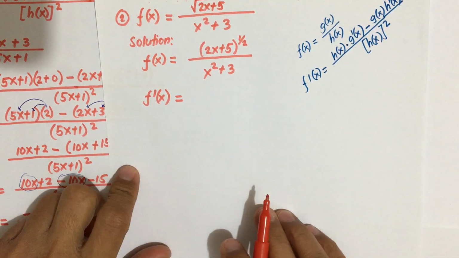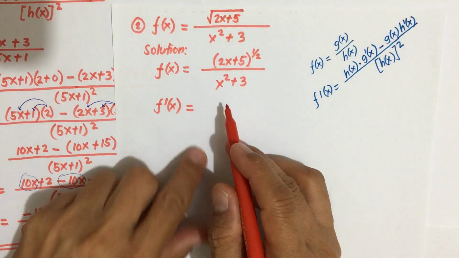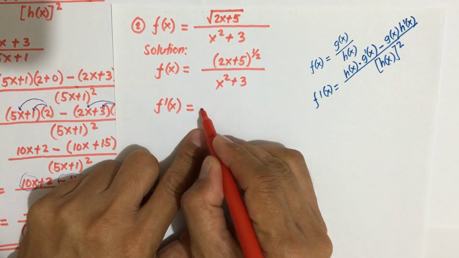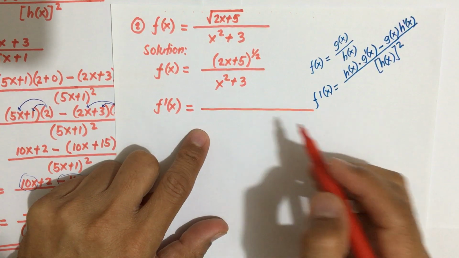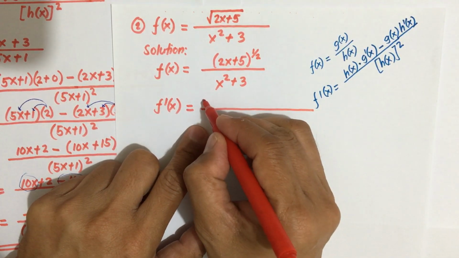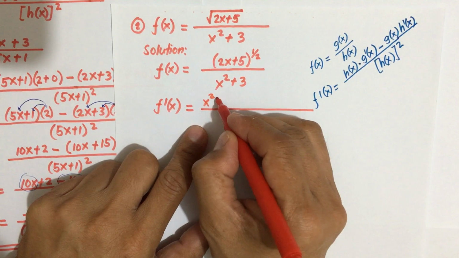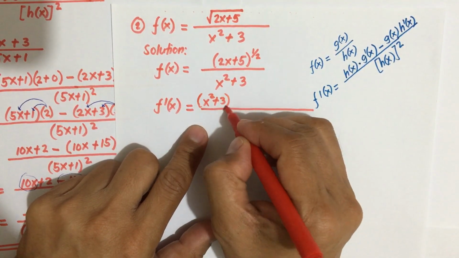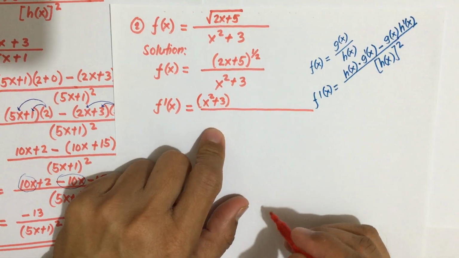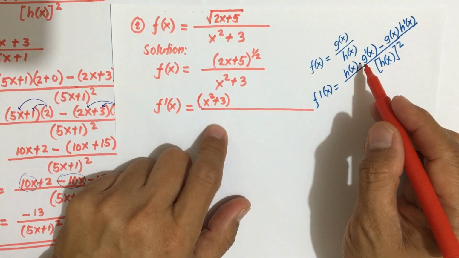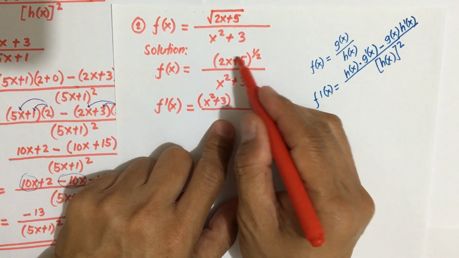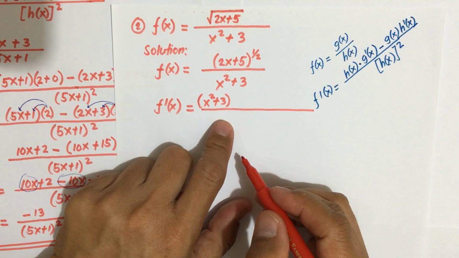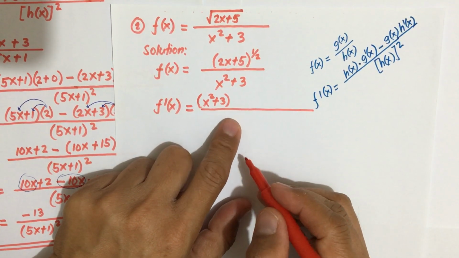So we have the denominator. Okay, so according to this formula, we have the denominator, which is x squared plus 3, then derivative of the numerator, so derivative of this, so this is a power formula, so we can apply the general power formula.